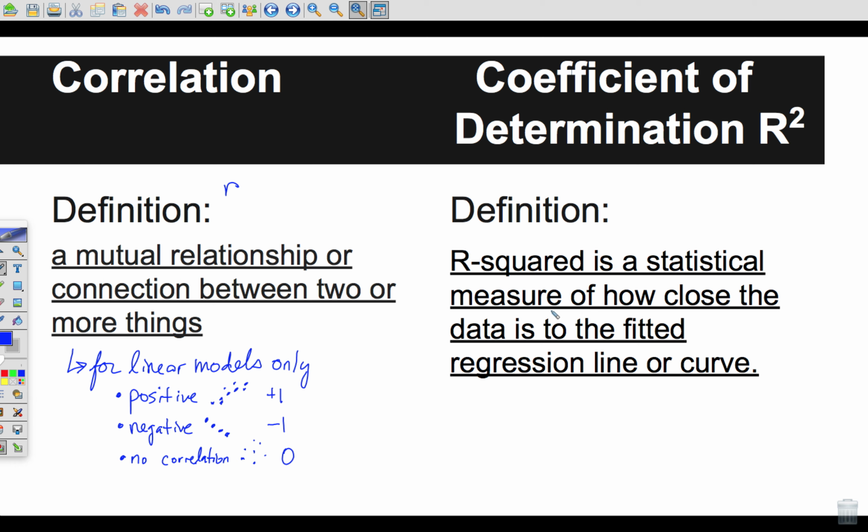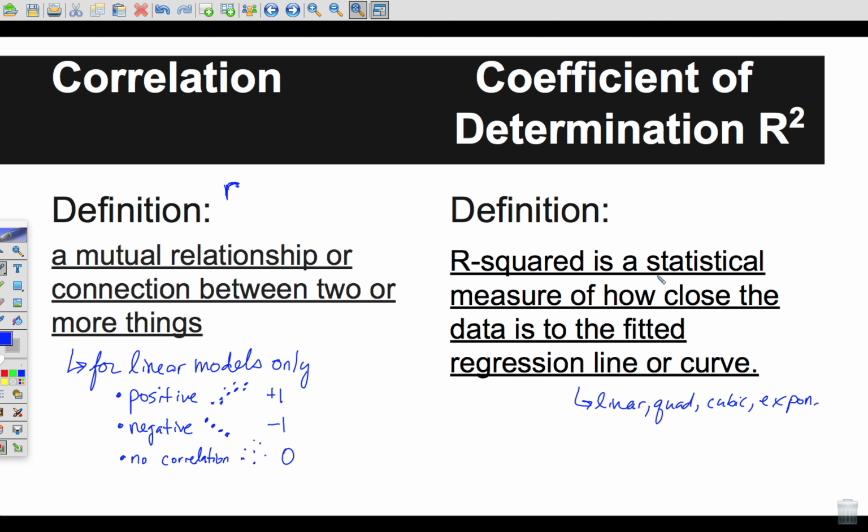It's a statistical measure of how close the data is fitting, and this one can work for a regression line or curve. So it can work for linear, quadratic, cubic, any of those polynomials. It can also work for exponentials. So, whereas correlation only works for linear, the coefficient of determination r squared can fit any of these.